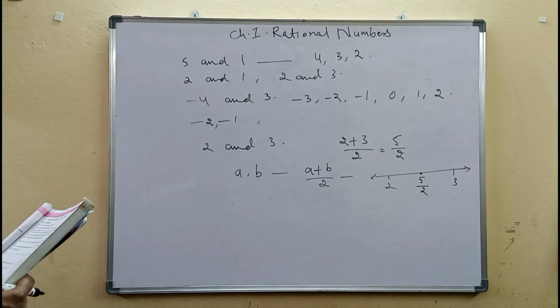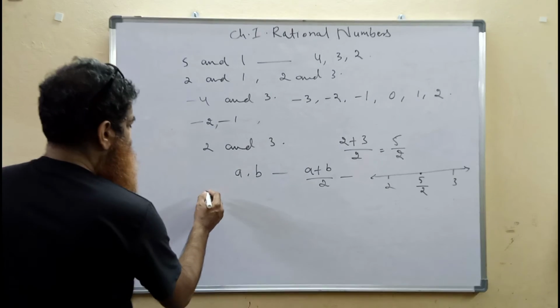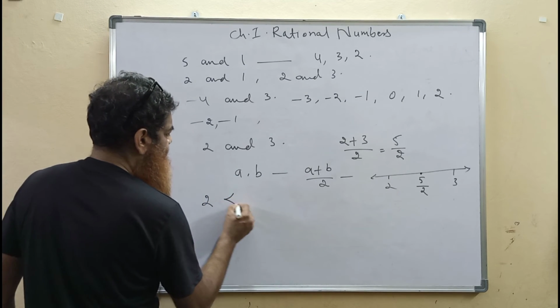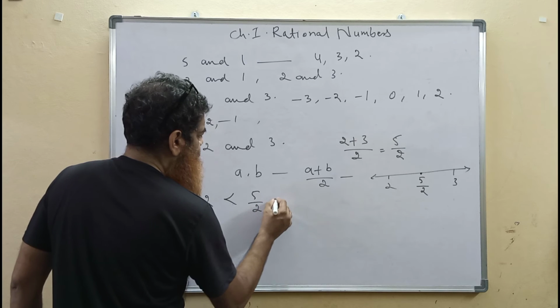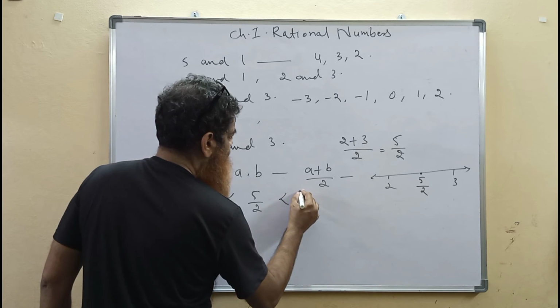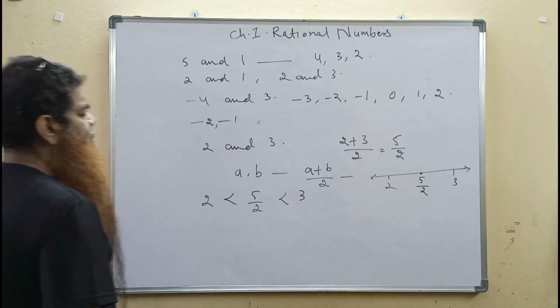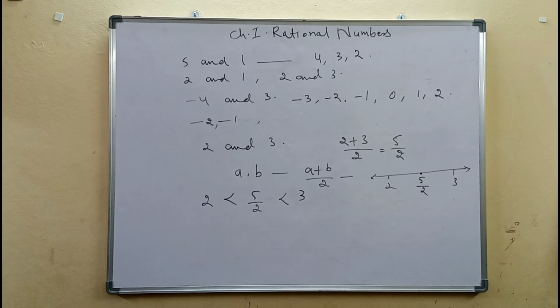It is represented as 2 less than 5 by 2 less than 3. You can note down, children, the number line and the other things noted on the board.